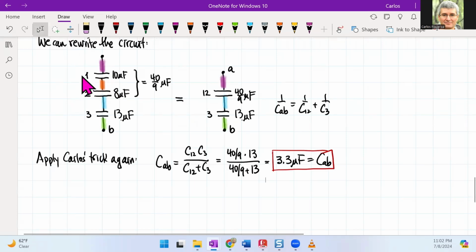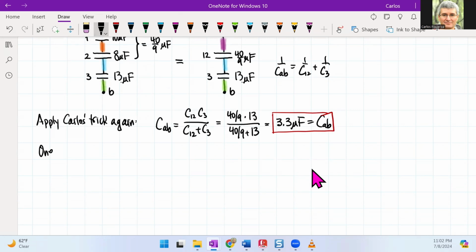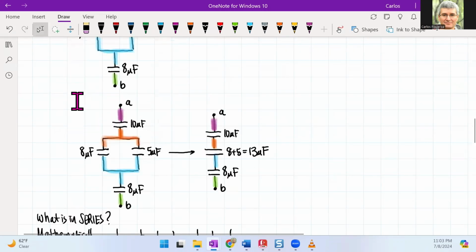So now if I look at my whole circuit, here's what I find. One can replace the combination of, and I have to go all the way back up, right? This is my circuit right here.